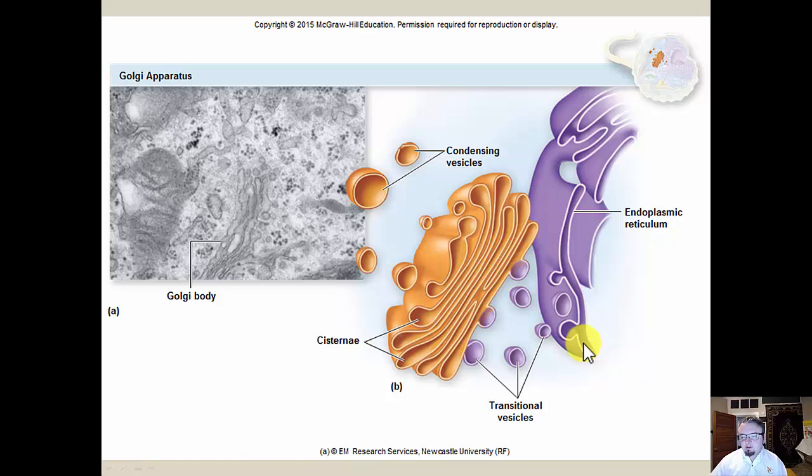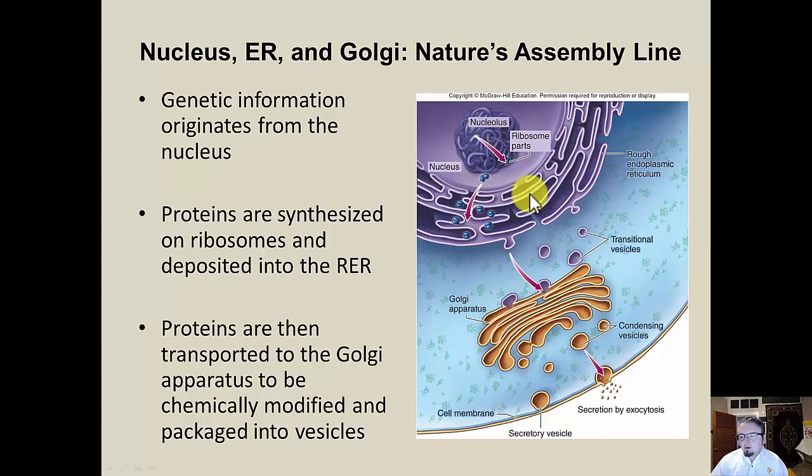And on this next slide, you can see a better overall figure of how that works. So here is the cell's nucleus. Here are the ribosomes within the endoplasmic reticulum. Here you're seeing some of these vesicles budding out. They would travel across the cell and then fuse with the Golgi apparatus.